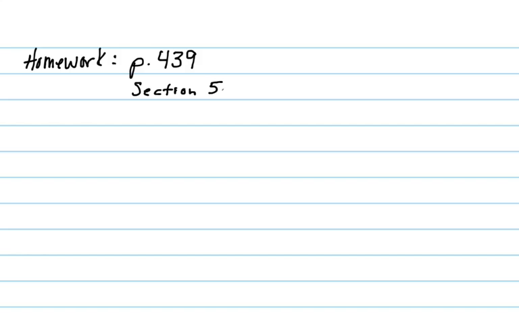We're at 5.5, and you want to do numbers. If you can't find section 5.5, ask your neighbor. They can help. I want you to do 1 through 11 odd. A lot of that's just basically using the law of sines and finding the missing parts of your triangle. Spend the rest of the class period working on that.